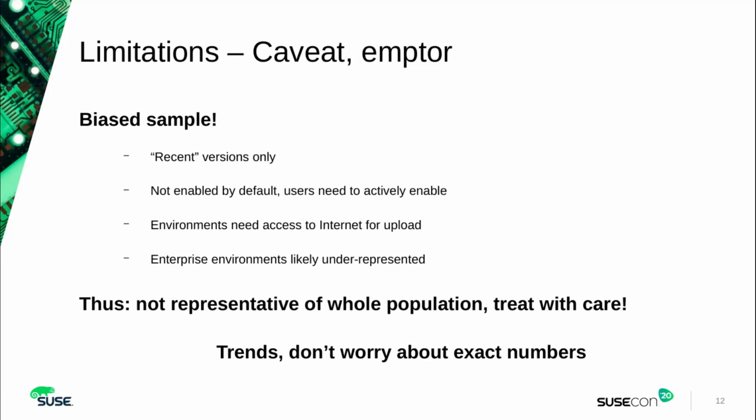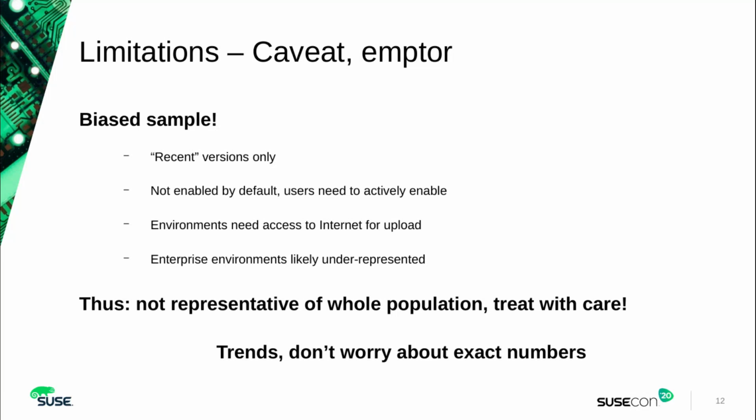Obviously, that was a very fast run through the high-level details of the Ceph telemetry data, but we all want to get to the actual analysis and pretty pictures. Before we can do that, though, we need to take a look at the limitations of this work. So first, the biggest concern: this is a biased sample, since many clusters in the field will run older versions that don't yet report telemetry data.